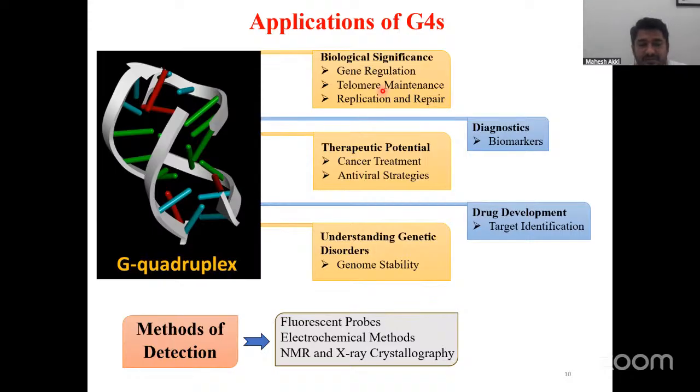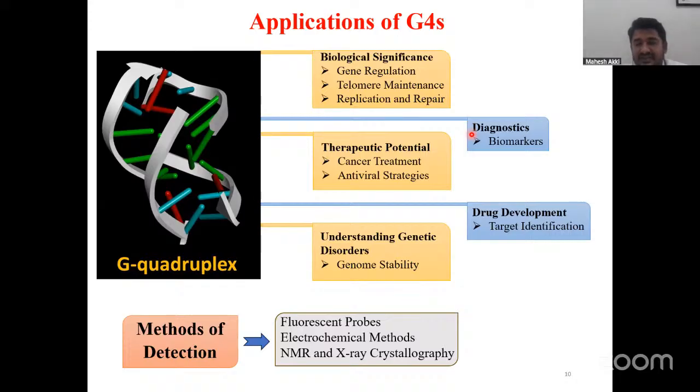Beyond transcription and telomere maintenance, G4s also play a critical role in DNA replication and repair processes. They act as regulatory barriers that modulate replication origin firing and control the movement of replication forks. In the field of diagnostics, G-quadruplexes play a very important role as biomarkers, because G4 motifs are enriched in regulatory regions of oncogenes and telomeres.